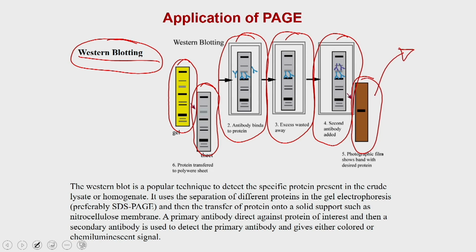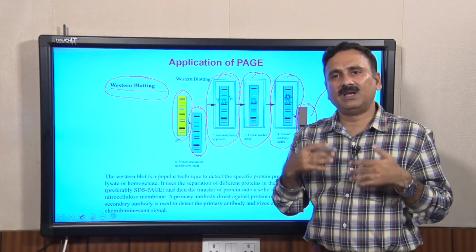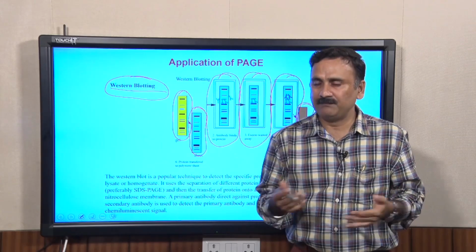You can develop with enzyme substrates such as DAB, or you can use chemiluminescent substrates. Both of these methods we discussed while showing you the demo.